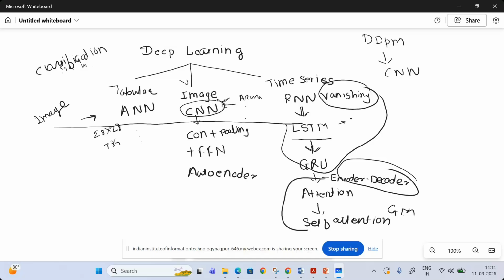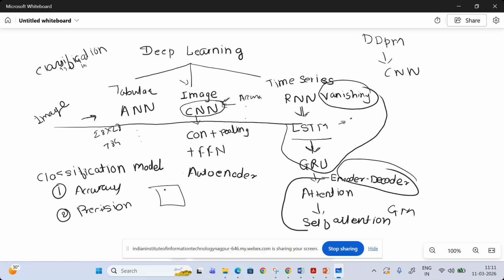All the classification models, like ANN and CNN, have performance metrics like accuracy, then precision, which is calculated based on false positive and false negative, the confusion matrix, if you remember.